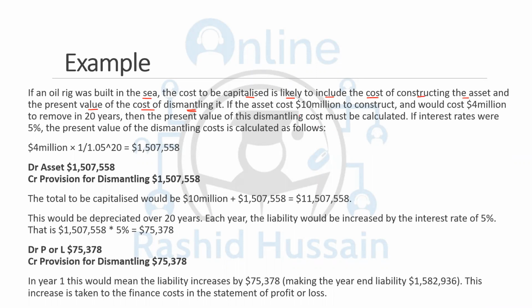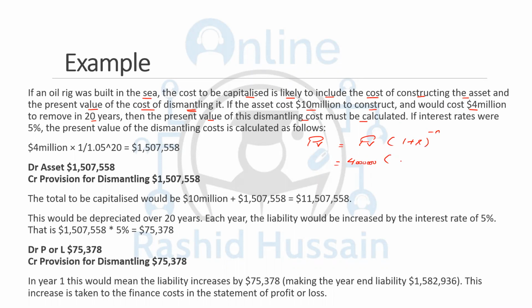So if the asset costs 10 million to construct and would cost 4 million to remove in 20 years, then the present value of this dismantling cost must be calculated. You know the formula. I've already told you that to calculate the present value, we take the future value times (1 plus r) raised to power minus n. Now the future value is 4 million, that is 40 lakh, 6 zeros.